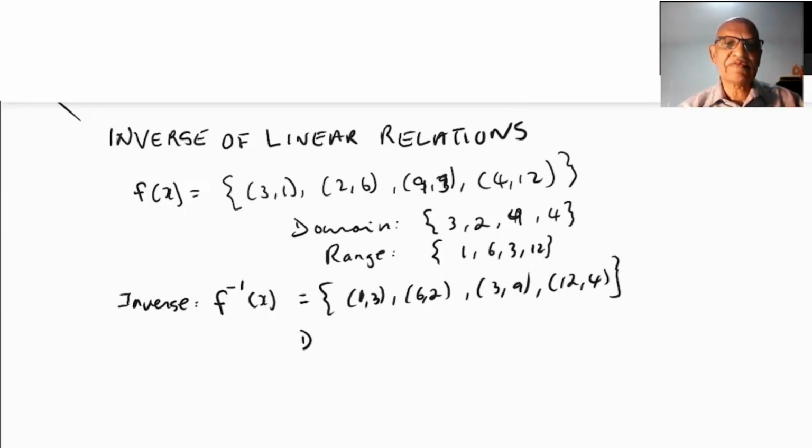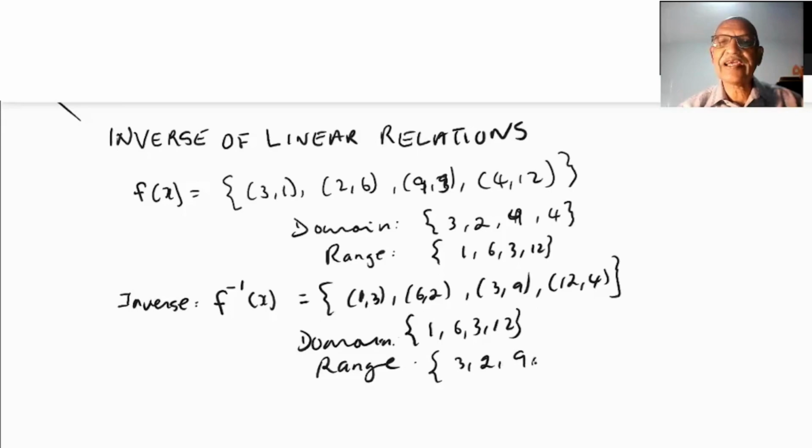And the domain of this is 1, 6, 3, and 12. And the range would be the values of y, which are 3, 2, 9, and 4.